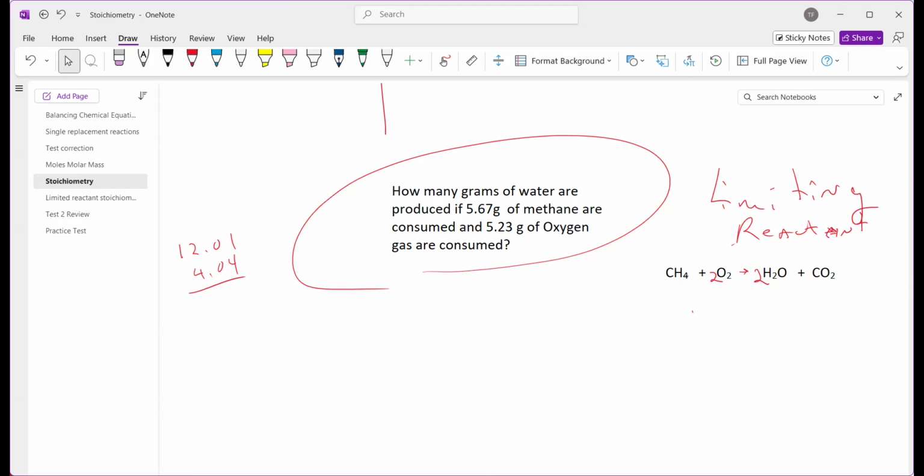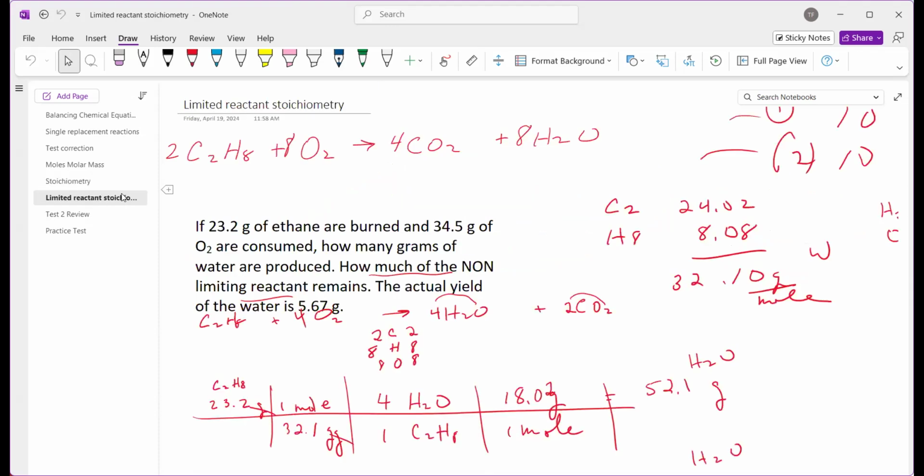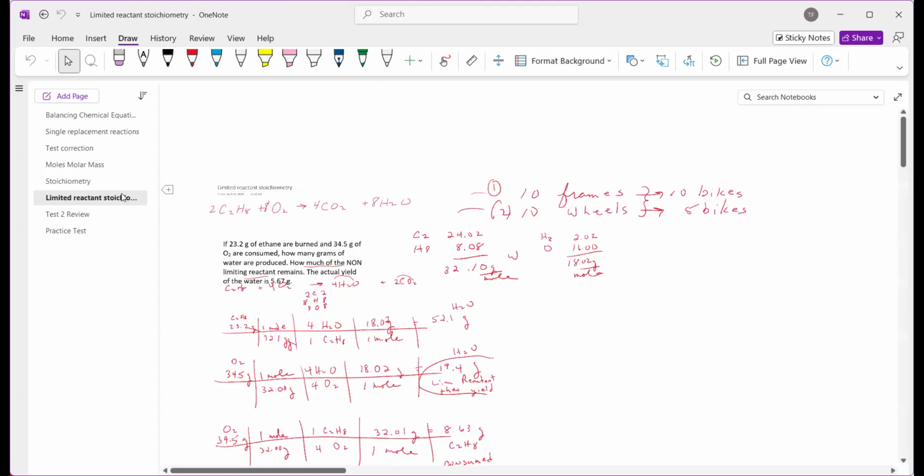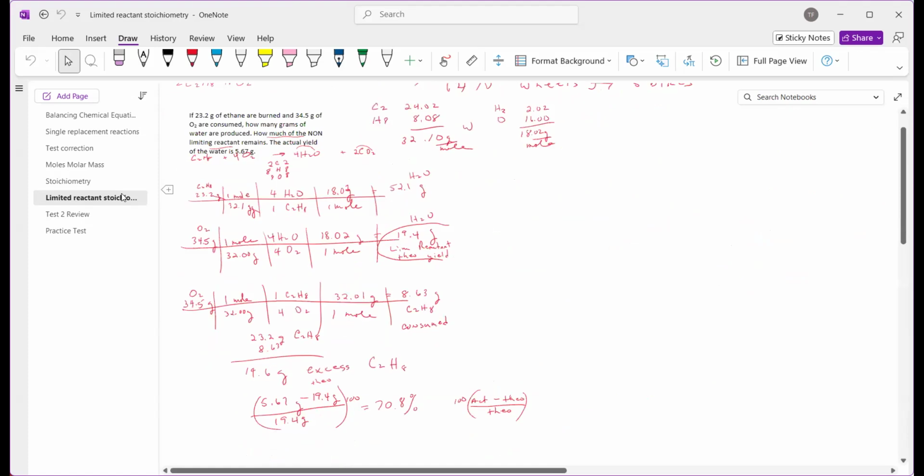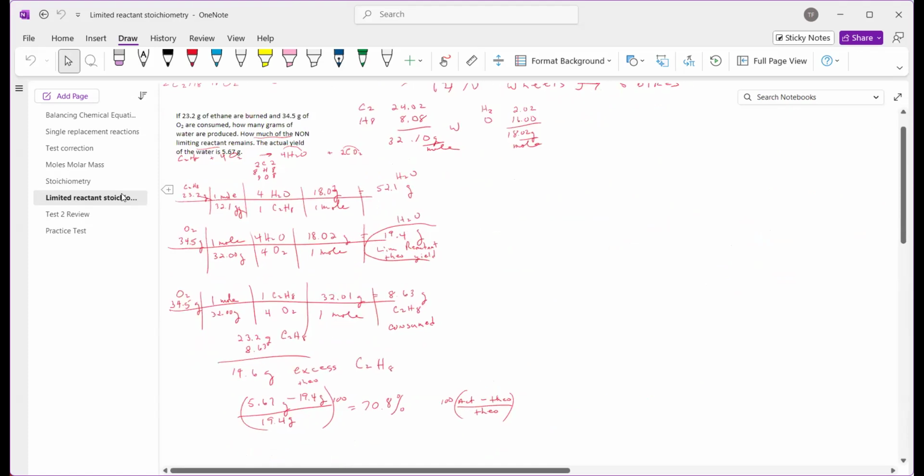I'm going to do this with chemicals tomorrow. Let me show you, just to give you an idea of why I want you to study this stuff tonight. That's the limiting reactant problem.